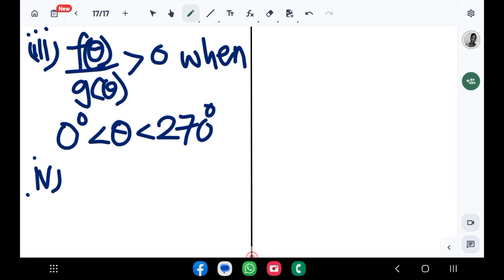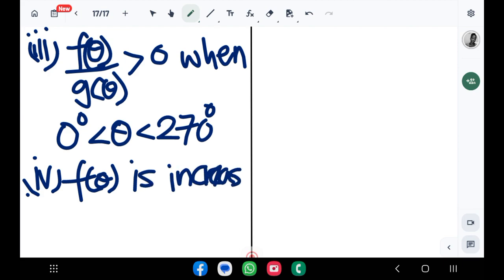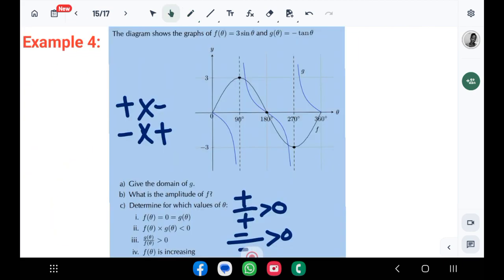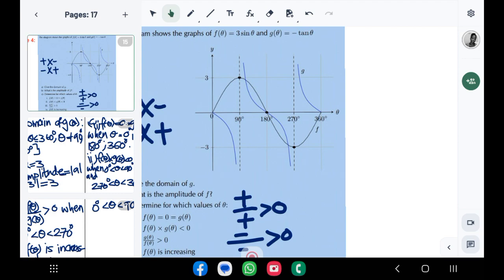So f of theta is increasing when theta is between 0 and 90 degrees, and when theta is between 270 and 360 degrees, it's also increasing.